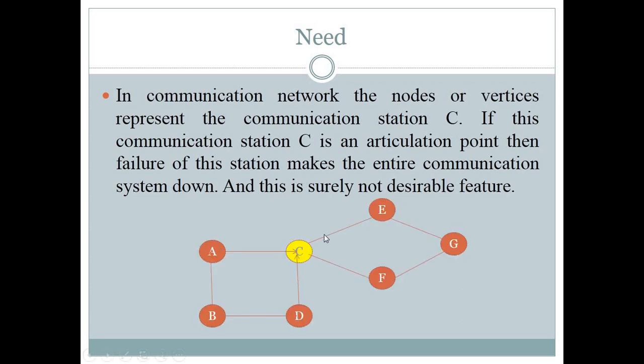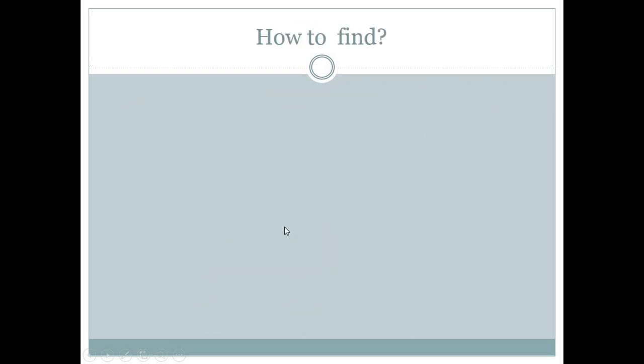For example, if C is an articulation point and C fails in the communication network, then the nodes A, B, D will not be able to communicate with nodes E, F and G. The entire communication system will be down because of only a single point C. That is the need for finding the articulation point.